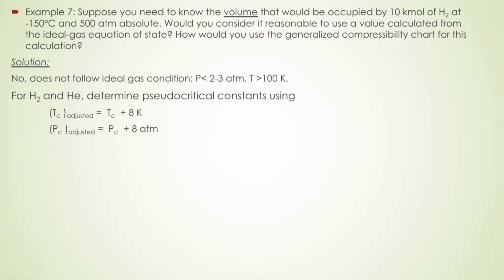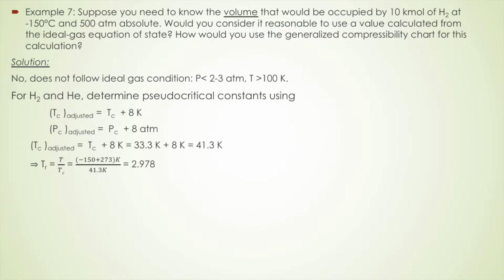On page 631, you can find that the T sub C for hydrogen is 33.3 Kelvin, and with the adjusted equation, 33.3 plus 8, that's the adjusted pseudo-critical temperature. The critical pressure for hydrogen gas is 12.8 atm, and we have to add 8 atm to that. Then you will get the adjusted critical pressure.